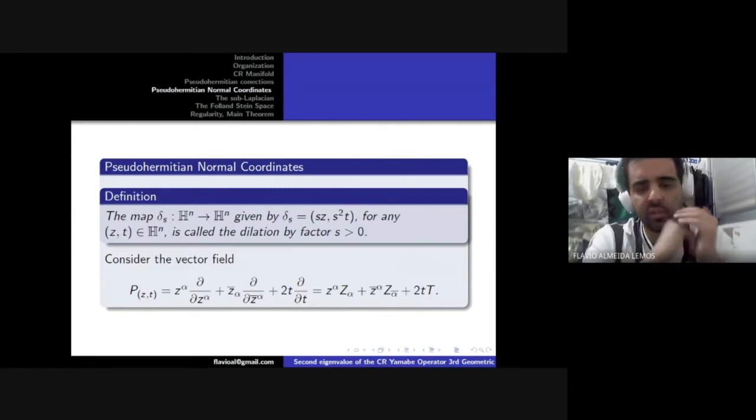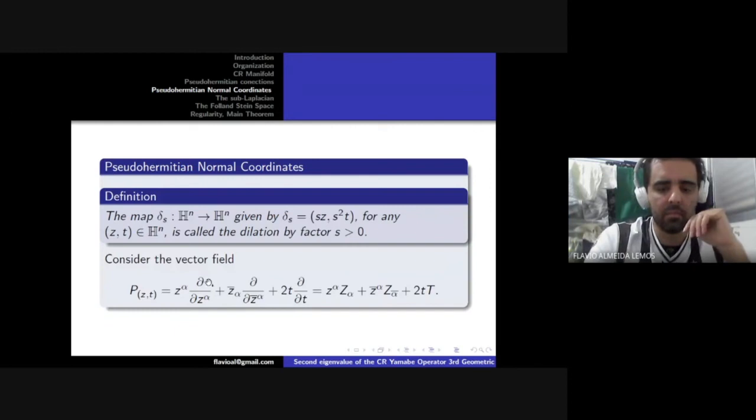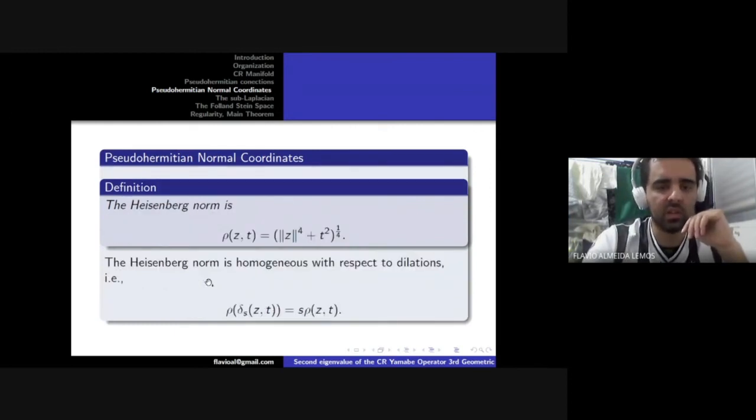Consider the vector field this way. We have the Heisenberg norm. With the Heisenberg norm, the dilation satisfies these properties.